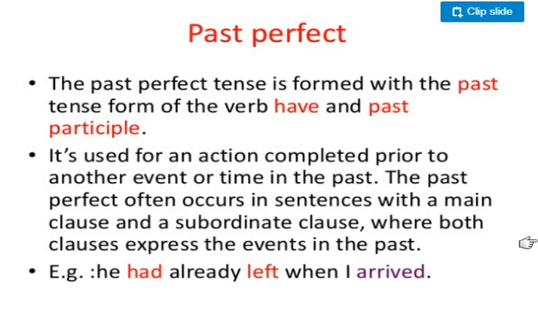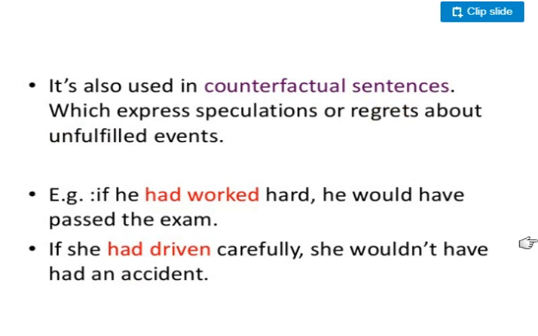For example, he had already left when I arrived. It's also used in counterfactual sentences, which express speculations or regrets about unfulfilled events. For example, if he had worked hard, he would have passed the exam. If she had driven carefully, she wouldn't have had an accident.